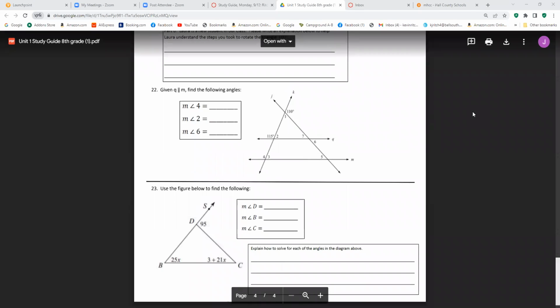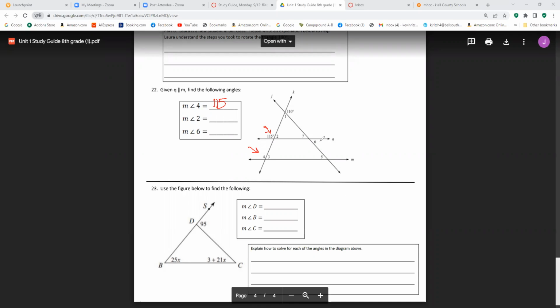All right, number 22, we're almost done. Number 22 gives us some information about these angle measurements, and it wants us to find the measure of angle 4. We see these two angles are congruent, they're corresponding. So if this is 115 degrees, that means angle 4 is 115 degrees.